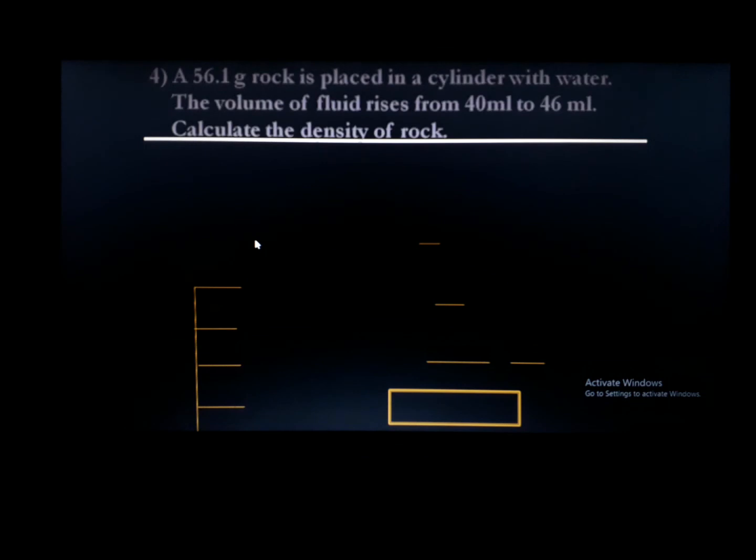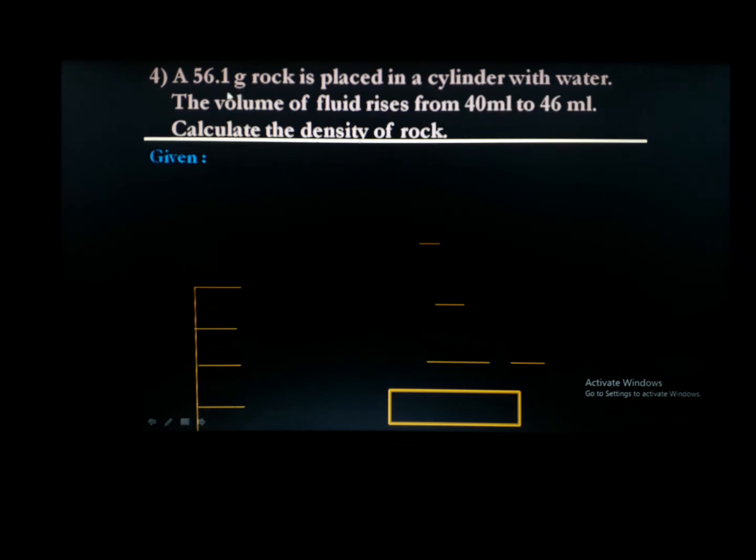Let us discuss one more problem. A 56.1 gram of rock is placed in a cylinder with water. The volume of fluid rises from 40 milliliter to 46 milliliter. Calculate the density of the rock. So list out the data first. Here they have not mentioned the mass directly, but gram is the unit of mass.